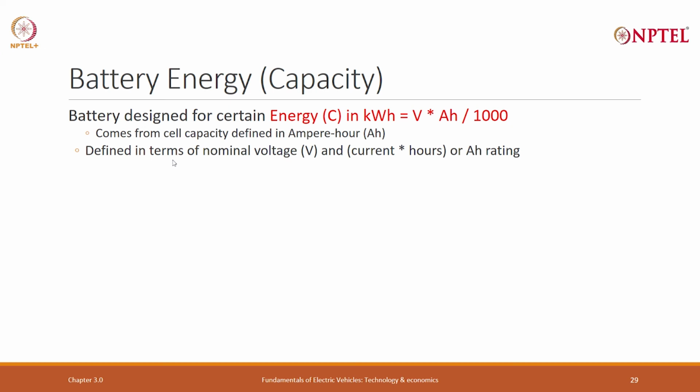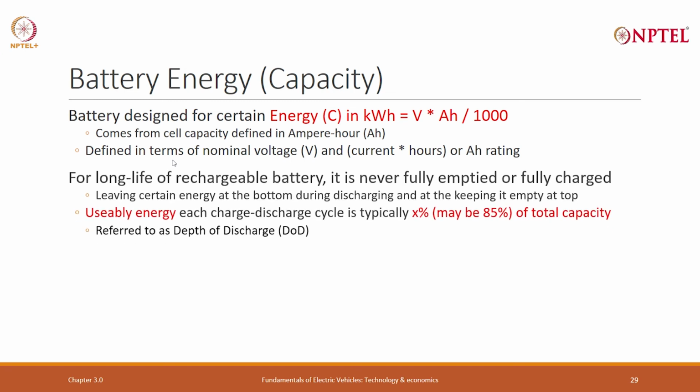So for cells you take voltage and ampere hour, that will give you watt hour for a cell, and then you take into account the number of cells in series and parallel and multiply with that, it will give you total watt hour.